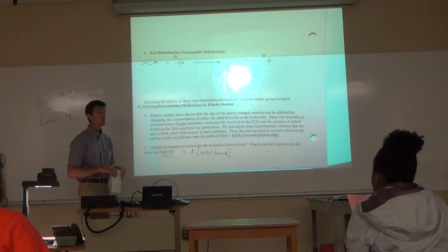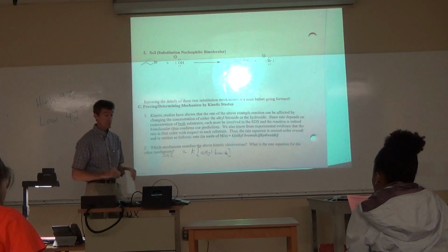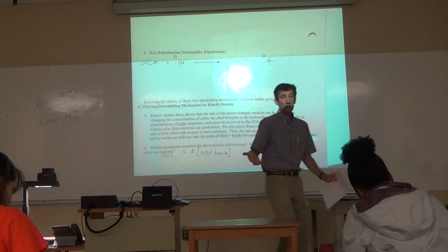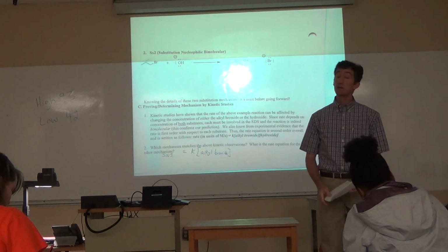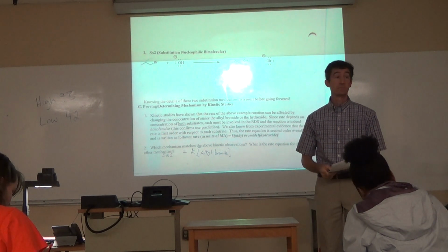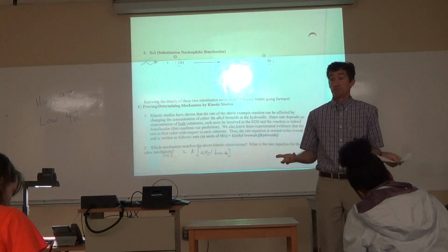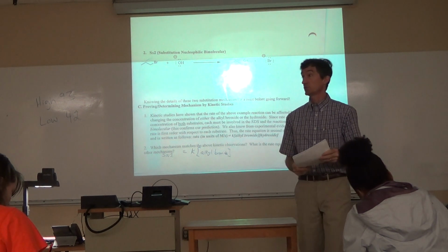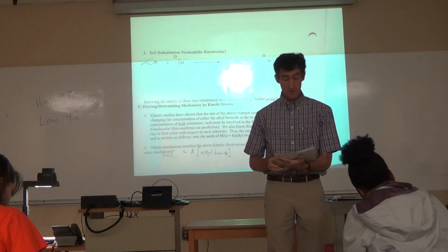The answer is no. Since it's not involved in the rate determining step, you can change its concentration all you want. It isn't going to change the rate of the reaction. Make sense? It's not involved. You can double it, triple it. You aren't going to increase the rate.